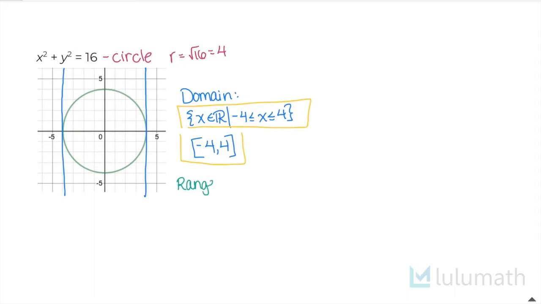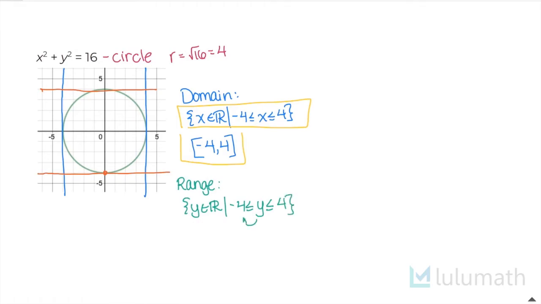Now for our range, we're going to look and see that our graph doesn't go any farther below this -4 right here and any farther above this +4 right here. So we can say for our range that y is an element of the reals, again, because it covers every single value between -4 and +4, such that -4 is less than or equal to y is less than or equal to 4.